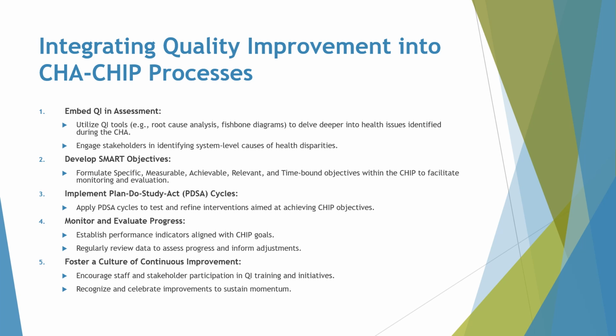Implementing PDSA cycles enables us to test interventions on a small scale before broader implementation. Continuous monitoring and evaluation ensures we stay on course and fosters a culture of continuous quality improvement, where, like I said, you celebrate your successes, you continue revisiting them and moving forward. I really wanted to re-emphasize these things.